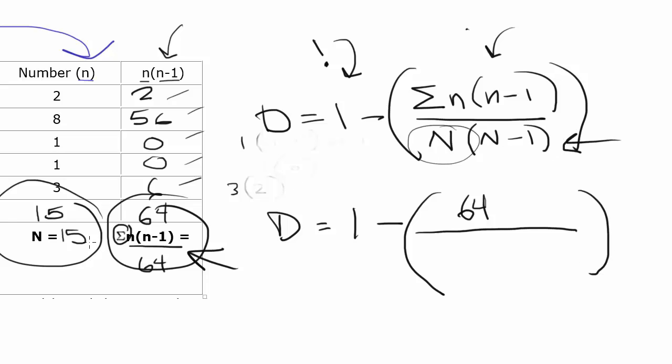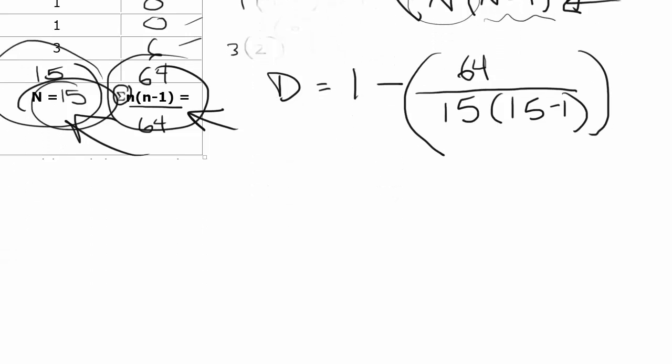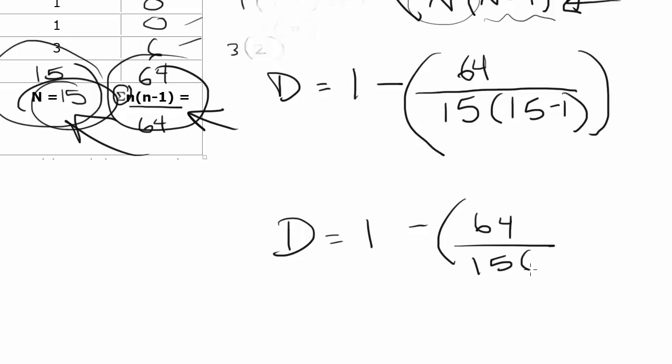Capital N, we figured out down here, that's going to be 15. So I'm going to say 15 times 15 minus 1. That's shown right here. So if we simplify that a little bit, D equals 1 minus 64 divided by 15 times 14. And we can go a little bit further.